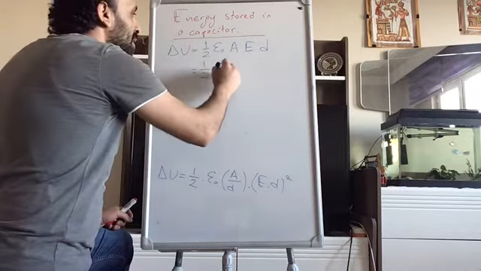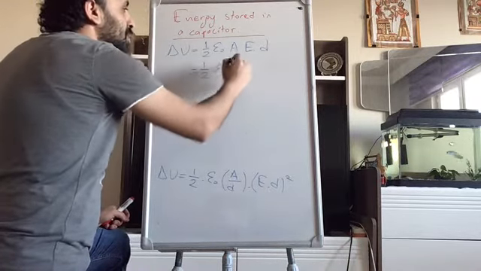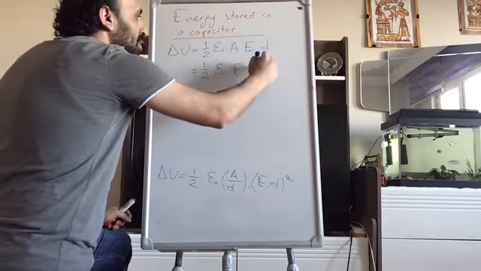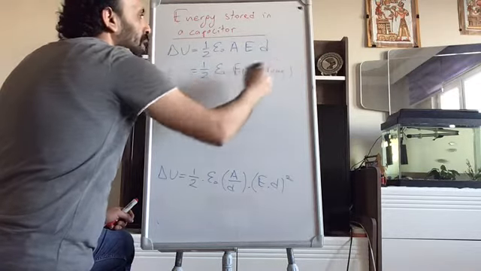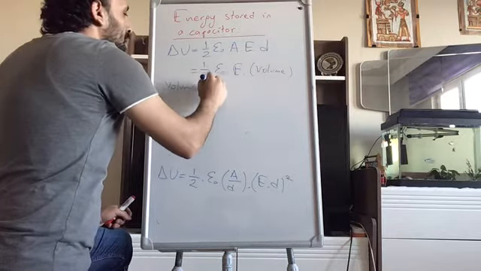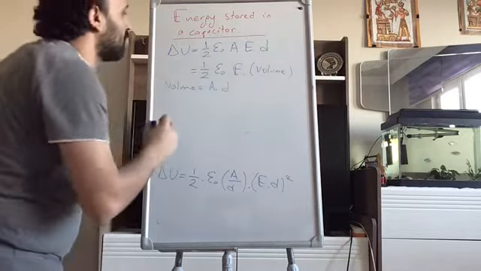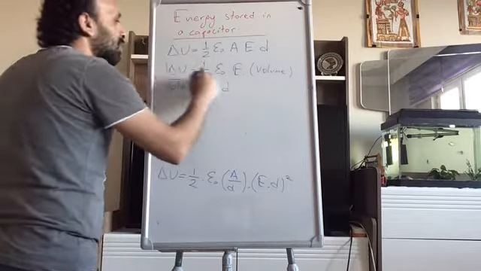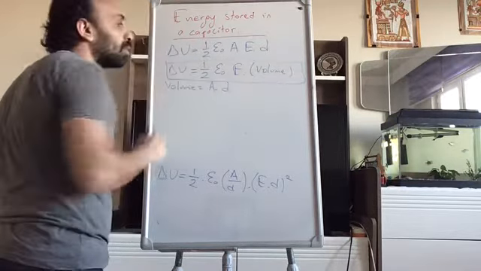So I can write 1/2 epsilon 0 electric field squared times volume. The volume here is equal to A times D.